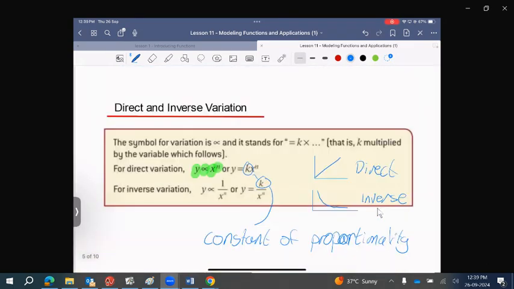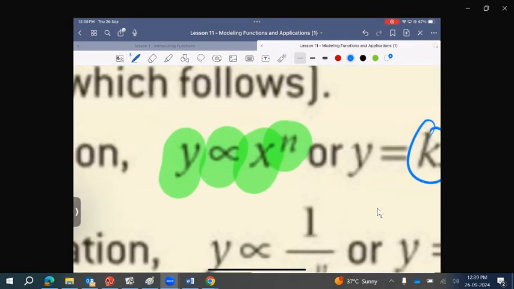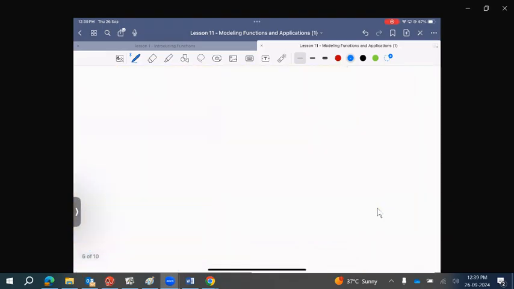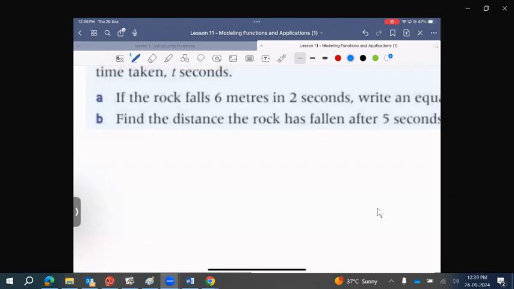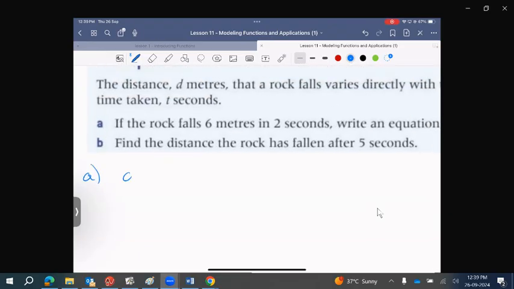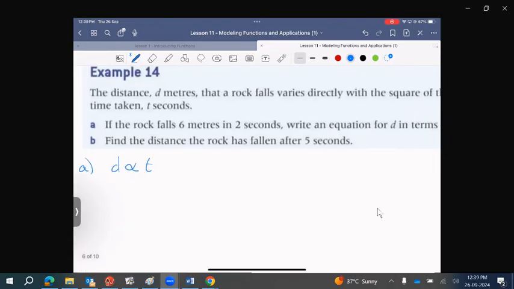So d is proportional to t squared. This implies that d is going to equal k times t squared.